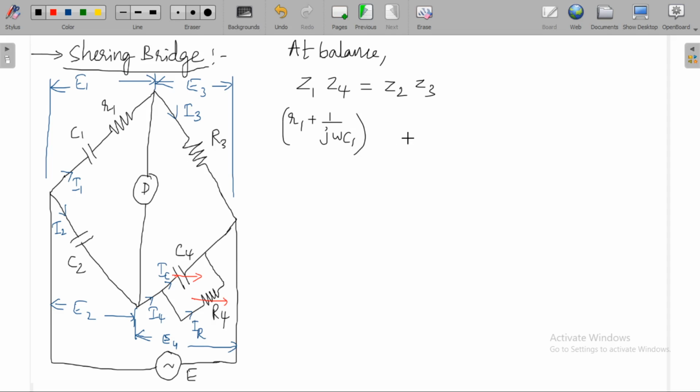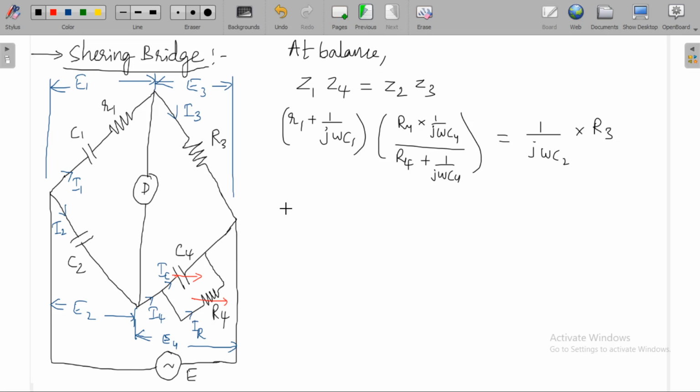What about Z4? Z4 is the parallel combination of resistance and capacitance, right? Then R4 into 1 by j omega C4 by R4 plus 1 by j omega C4. What is Z2? Z2 is 1 by j omega C2. What is Z3? It is R3.